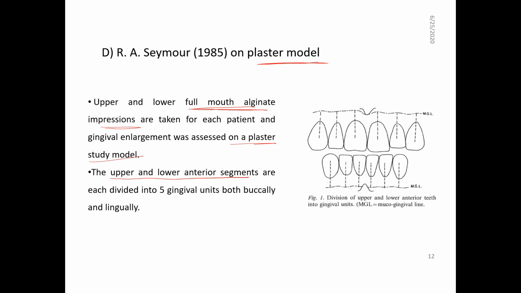The unit is the distance between the line going through the middle part of the crown to the line going through the middle part of the adjacent crown. So likewise, all the 6 anterior teeth are divided into 5 gingival units.